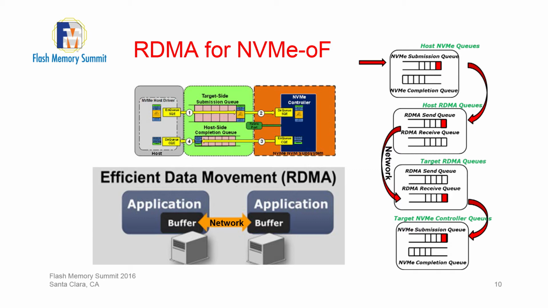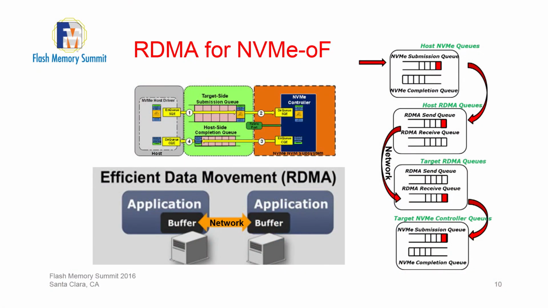It comes out of the NVMe queue, goes into the RDMA queue, crosses the network, comes out of the incoming RDMA queue, and goes into the submission queue, the command control queue of the remote SSD. That is very low latency, and then once the pointers are set up, the data gets moved with RDMA. That's what makes NVMe over Fabrics so high performance: there's hardly any overhead for the protocol.